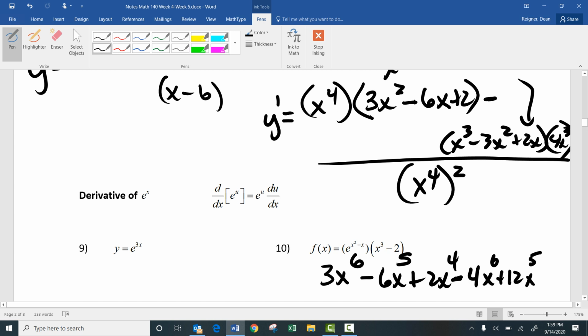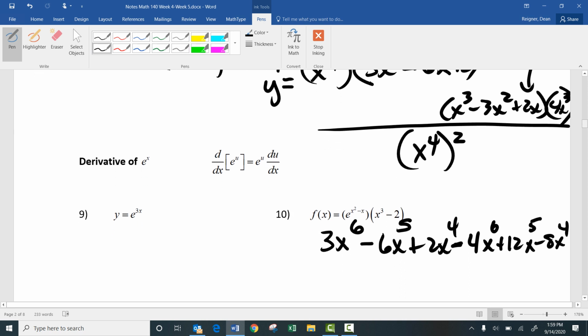And then last but not least, negative 2x times that, which is negative 8x to the fourth, all over x to the 8th.